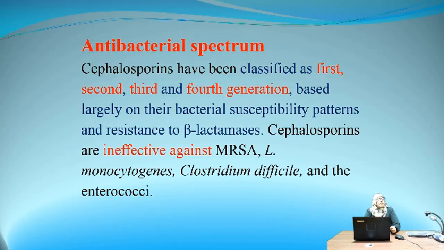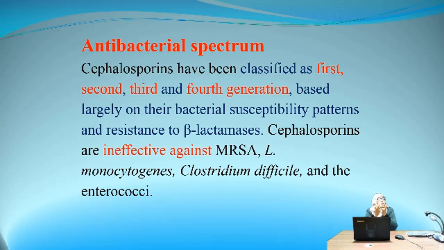Antibacterial spectrum of cephalosporins. Before talking about the antibacterial spectrum, we must talk about the classification of cephalosporins. The cephalosporins have been classified as first, second, third, and fourth generation.